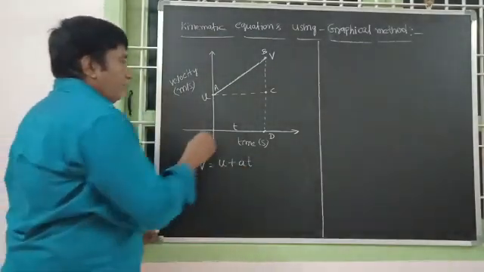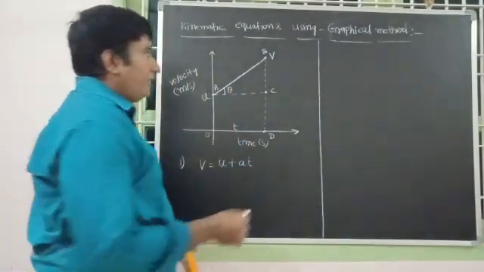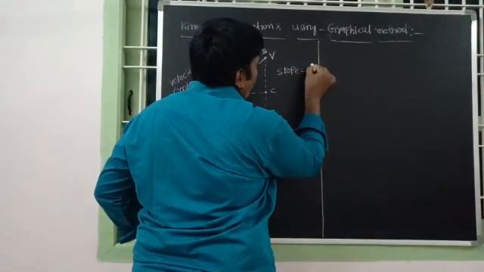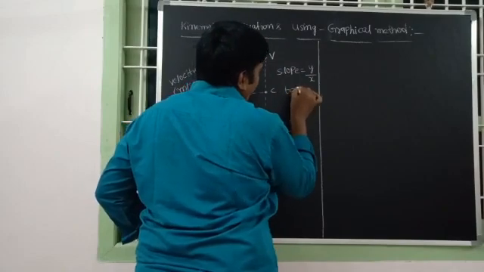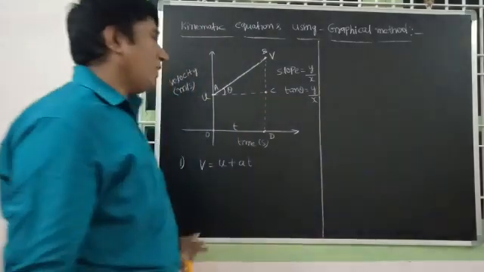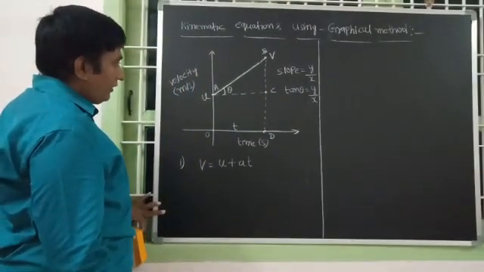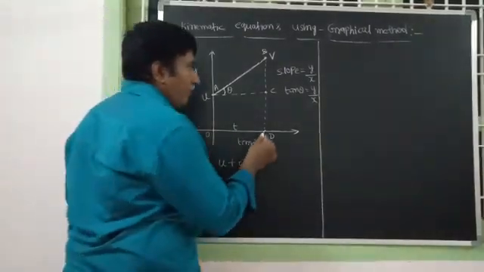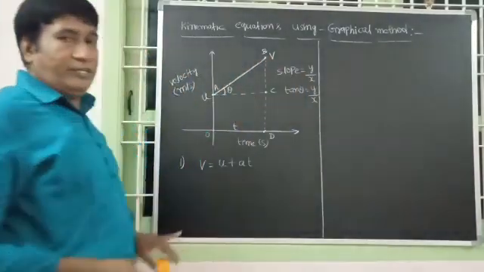While discussing the concept, I said that if the line makes a certain angle theta, then the slope is equal to y by x, which is tan theta equal to y by x, or in simple form velocity by time, which is nothing but acceleration.